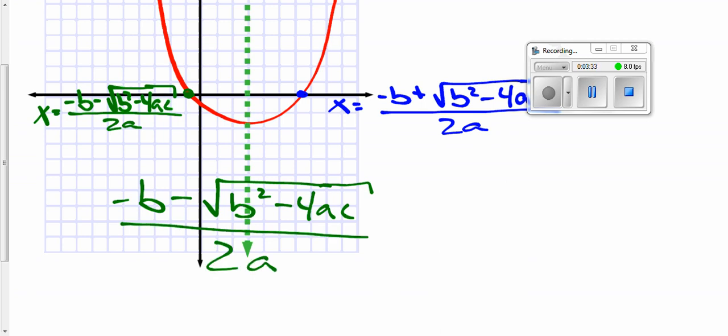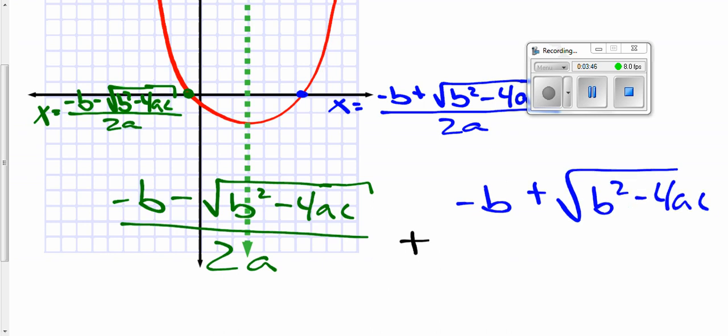And let's add that to my blue one, which is negative b plus the square root of b squared minus 4ac all over 2a. So I'm adding those two things together. Do I need to find the common denominator, Zoe? No, I do not. What cancels out, or what can I add together?